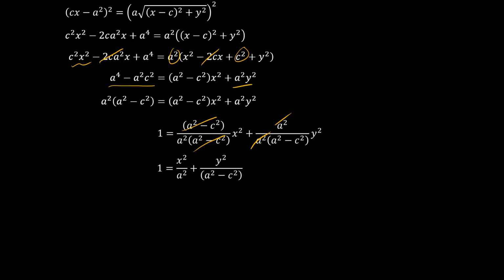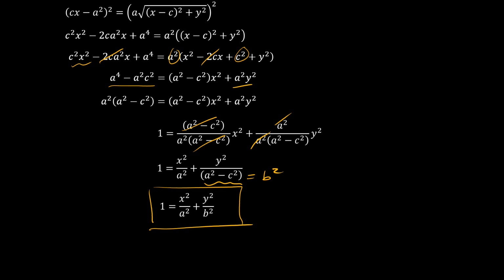Now if we let a squared minus c squared be equal to b squared, then we get a more general formula for a simple ellipse, where the major and minor axes are coincident with the x and y axes.